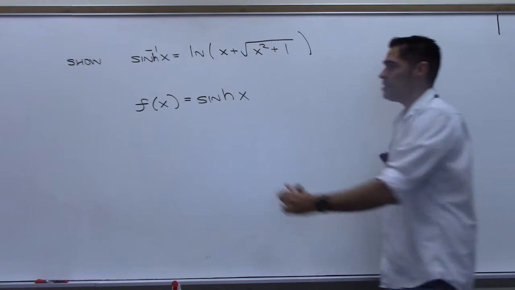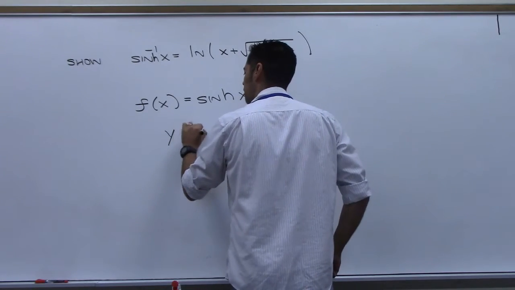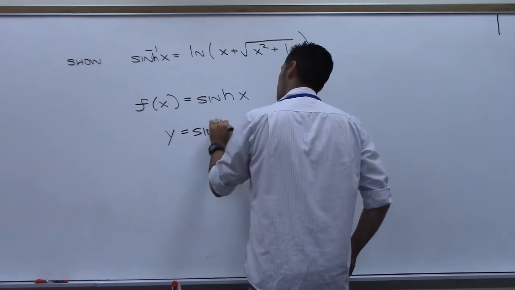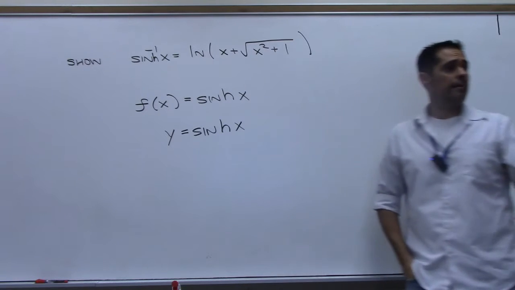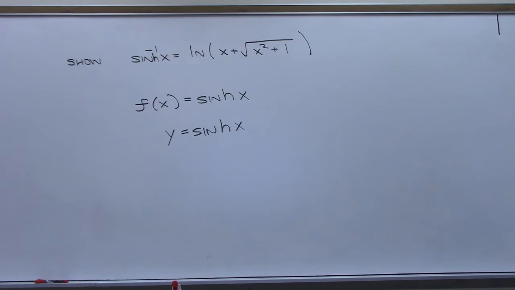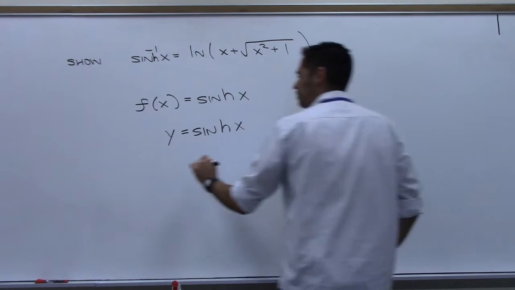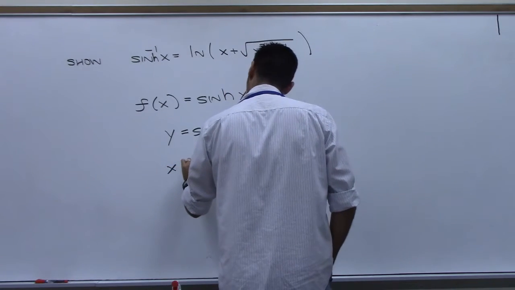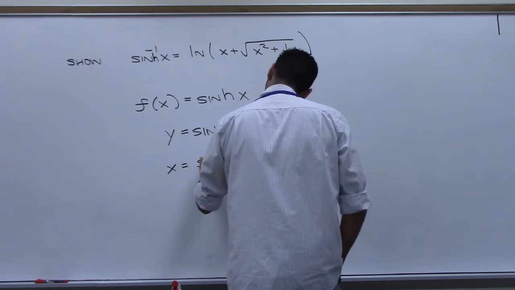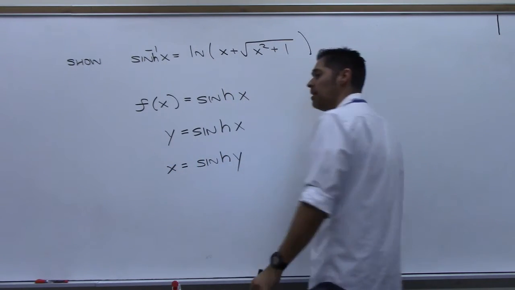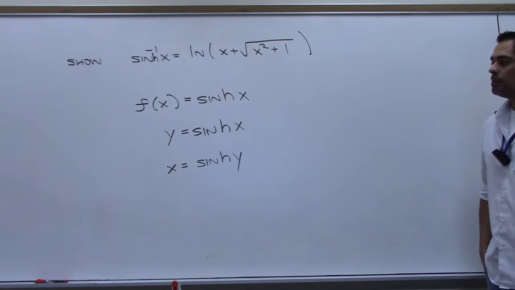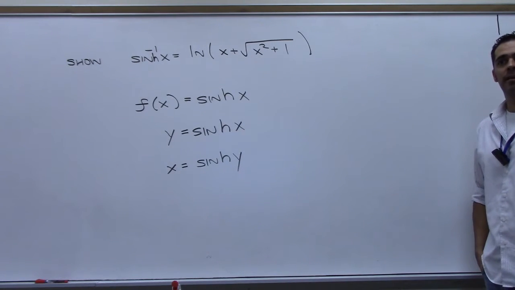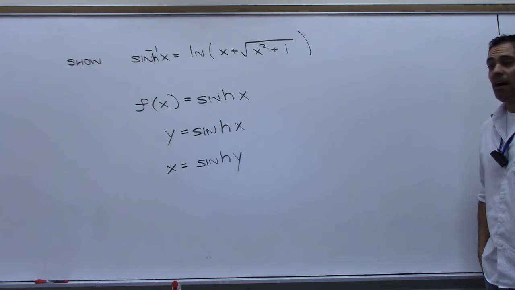So I'm going to replace f of x with y. Are you all with me on that? That's pretty clean. Switch x and y. And then finally, solve for y. How are you going to solve for y?